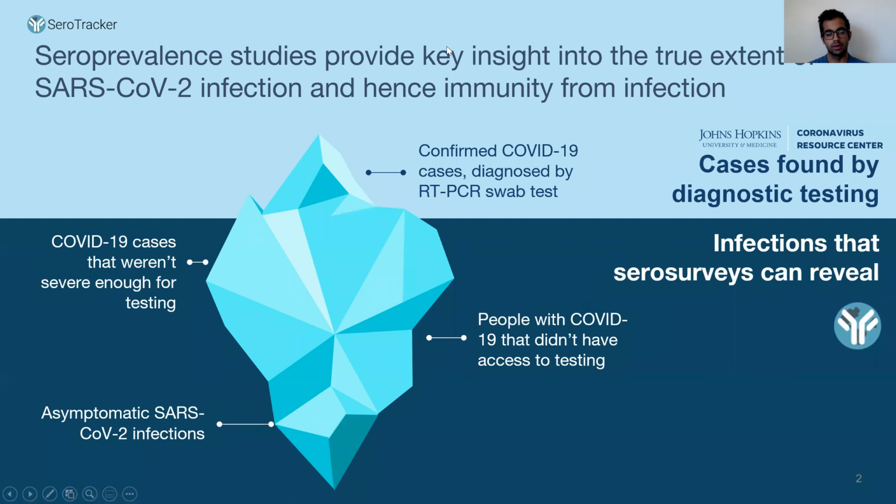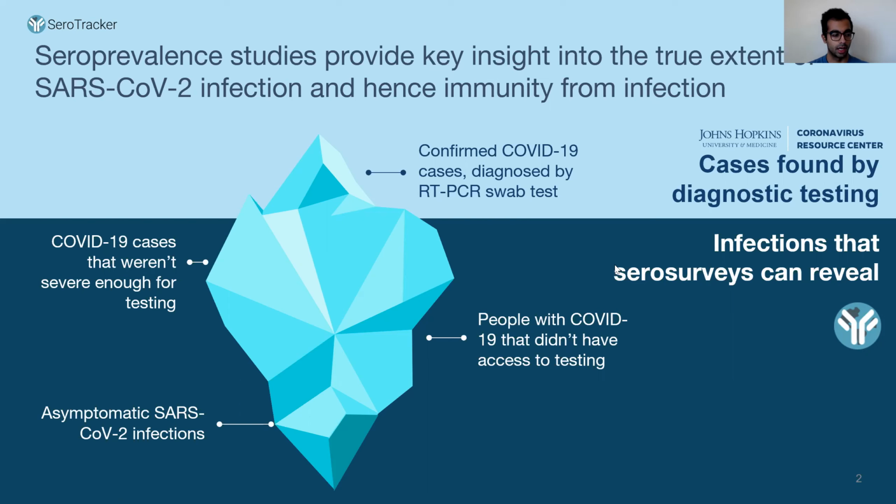So, seroprevalence studies, of course, provide key insight into the true extent of SARS-CoV-2 infection and hence into immunity that results from infection. They are an important window into that as a result of asymptomatic infection and limited diagnostic testing availability, particularly in some countries and regions around the world.